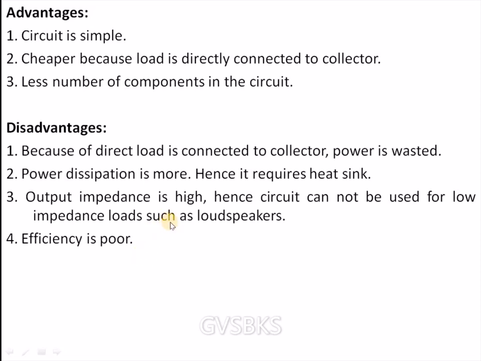These are all the advantages and disadvantages of class A series fed power amplifier. To overcome these disadvantages, we are going for the transformer coupled class A power amplifier, which provides 50% efficiency.